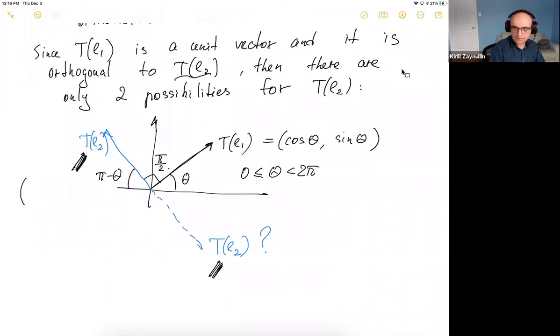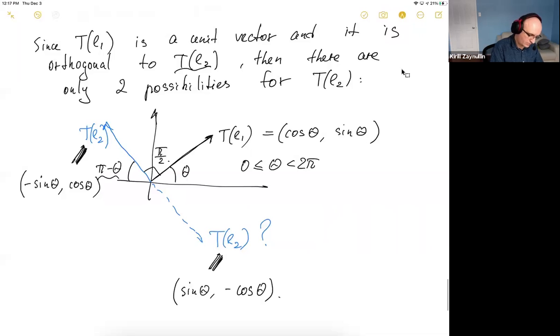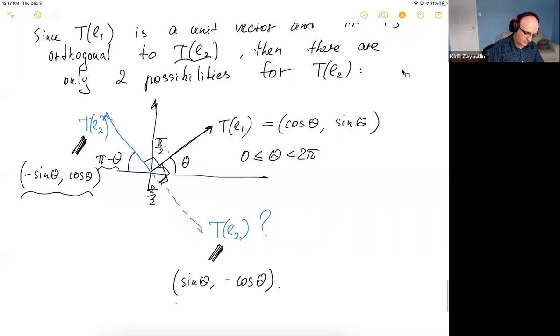It's minus sine theta, comma, cosine theta in that picture. And for this vector, we have sine of theta and minus cosine of theta. That's pretty easy to see because if you substitute these angles, you'll get precisely the formulas for the coordinates like this.